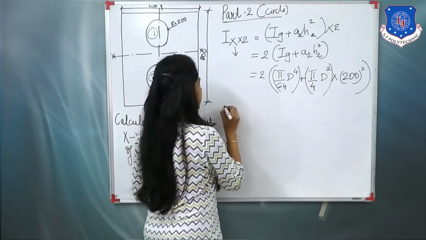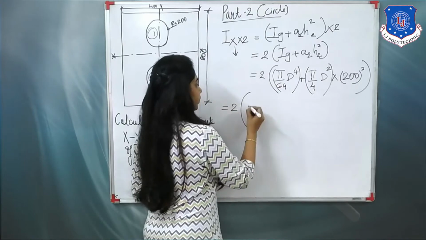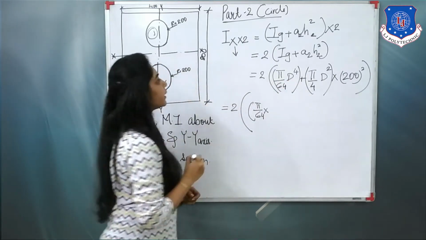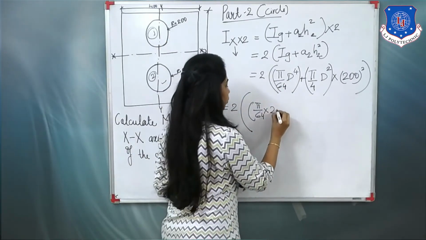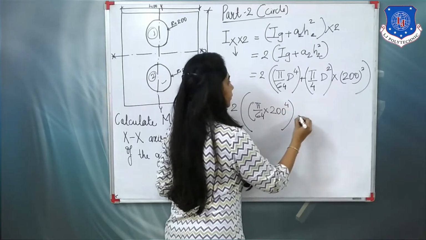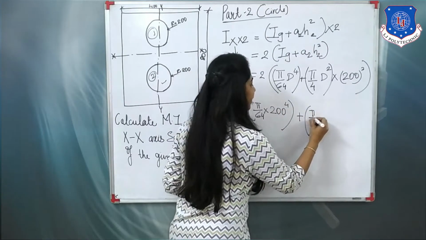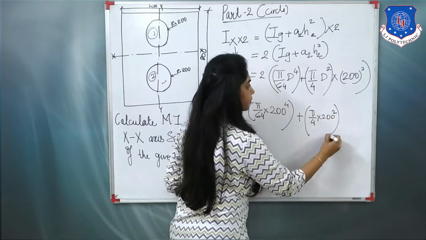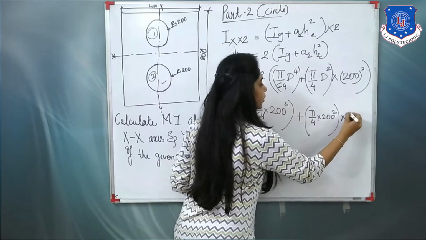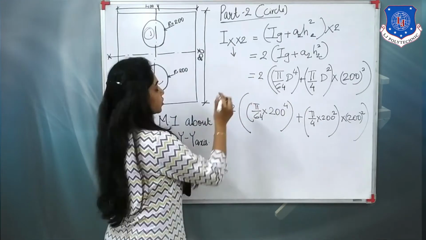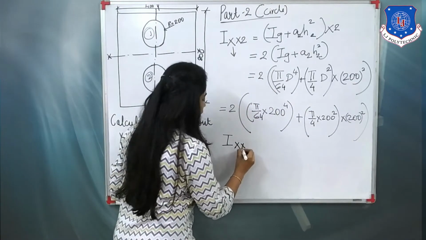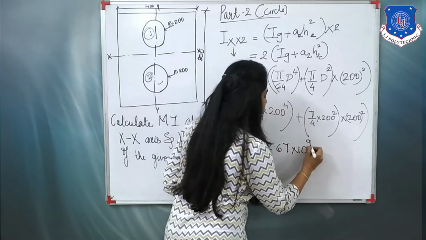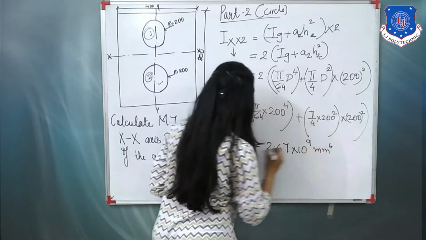So here, substituting the values: pi by 64 into d, d is 200, into 200 raised to 4, plus pi by 4 into d square, that is 200 square, into 200 square. So here I get my answer: Ixx2 is 2.67 into 10 raised to 9 mm raised to 4.